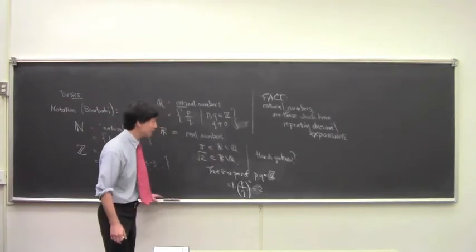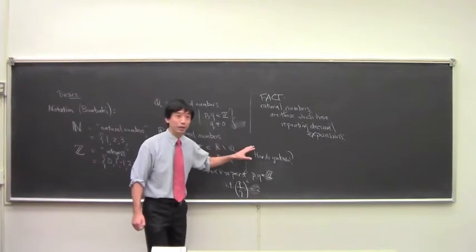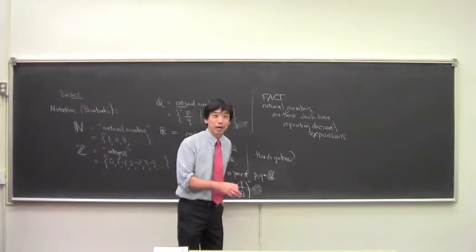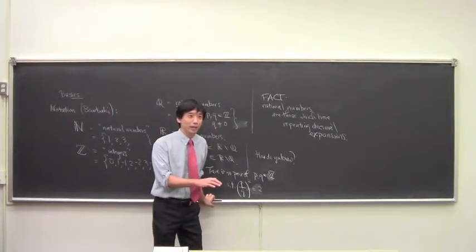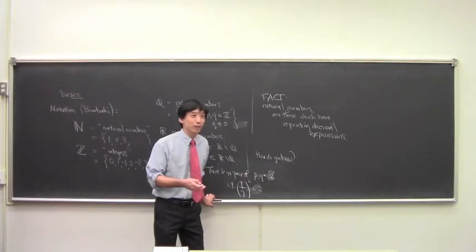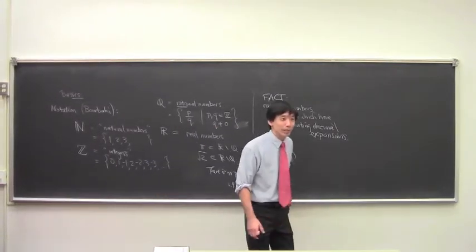Anyway, all I want to say now is, if we're thinking in terms of the skeptical child again, if you said, how do you know that that's an irrational number? We'd actually have to defend it. And I'll tell you a little story.